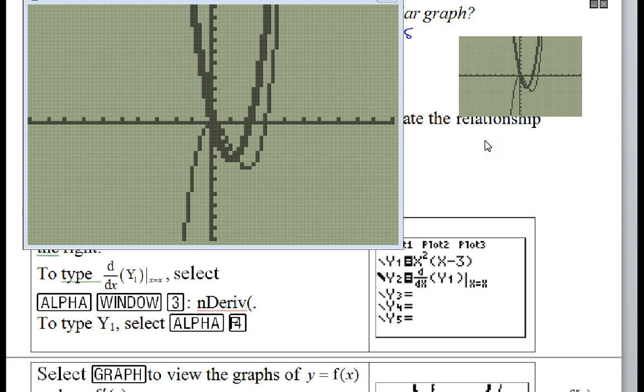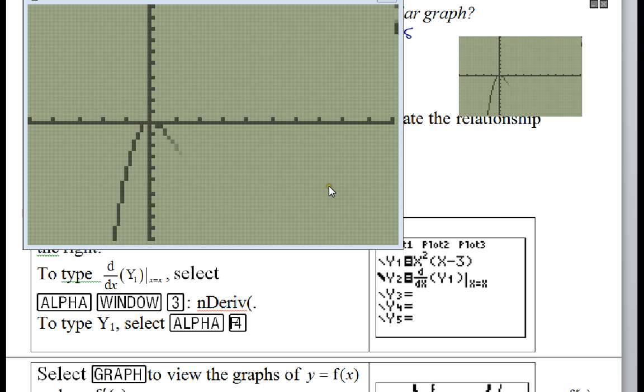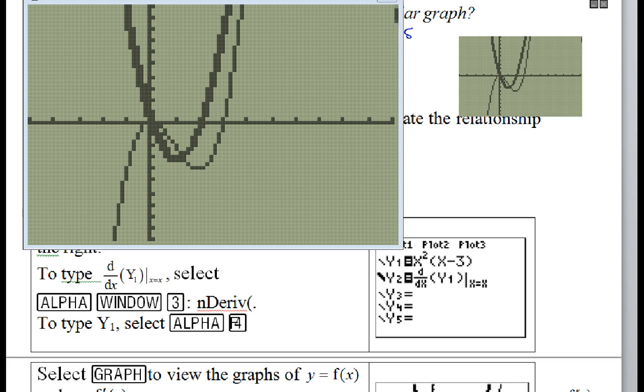Alright, maybe what we can do is from -5 onwards. Like that, not very clear. Never mind.